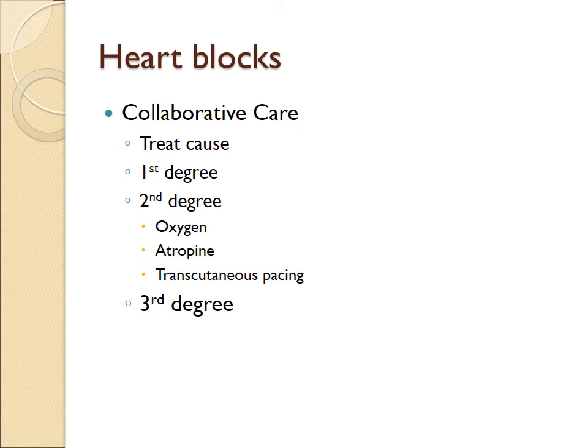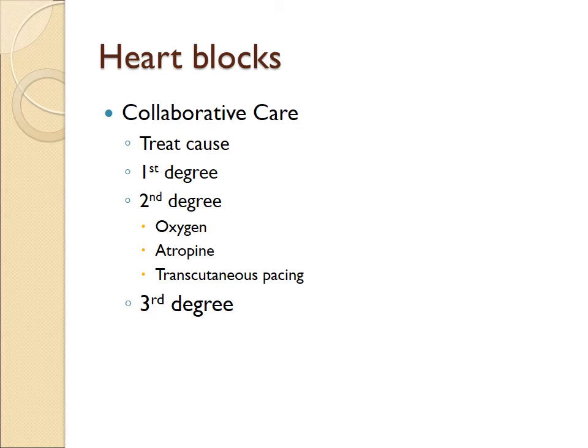So the first thing we're going to do is treat the cause. We're going to look and see, is there a drug toxicity from maybe digoxin, a beta blocker, a calcium channel blocker, or an antiarrhythmic? There are a lot of different agents that could slow down our heart and keep it from conducting across the pathway like it should.